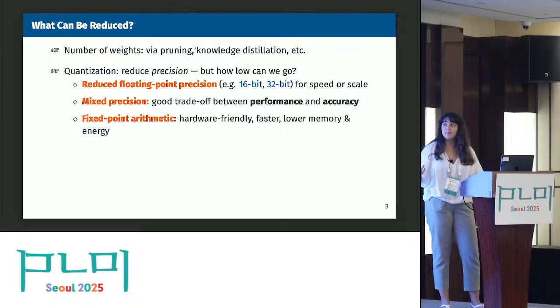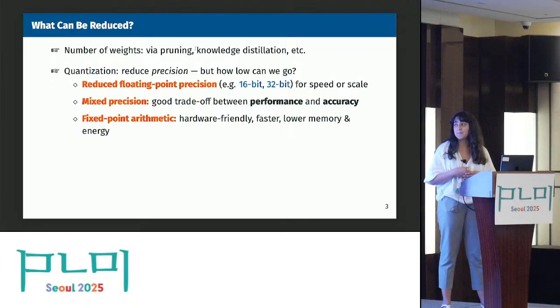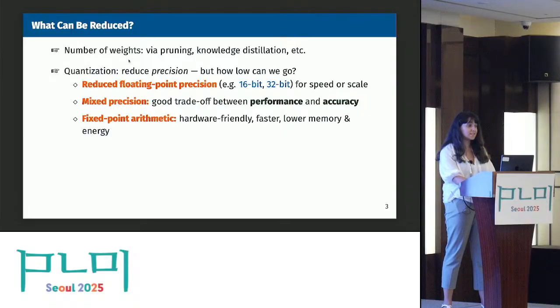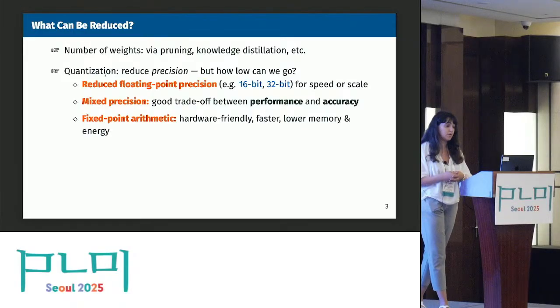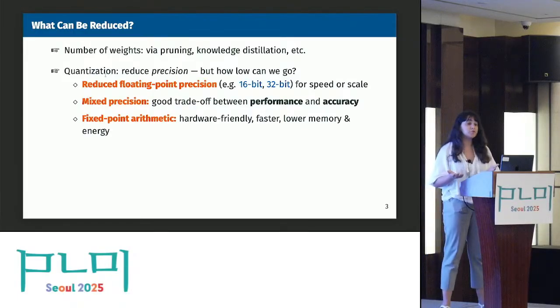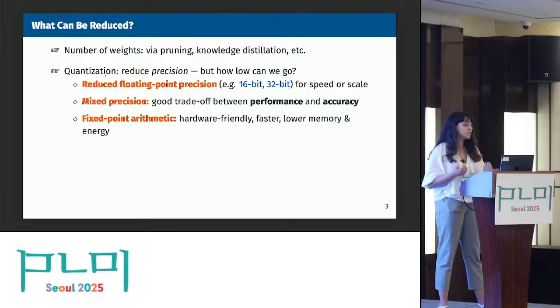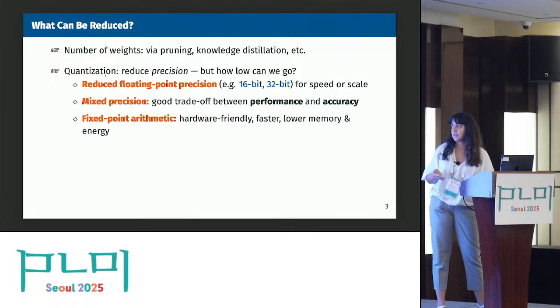The second kind of reduction technique, which interests us the most in this talk, is quantization. When you take quantization, you want to reduce the precision of neural networks. So how low can we go? When we reduce the precision, either we reduce the floating point precision for which the neural network has been trained, for example, we move to 16 bits or 32 bits, for reasons of speed and scale.